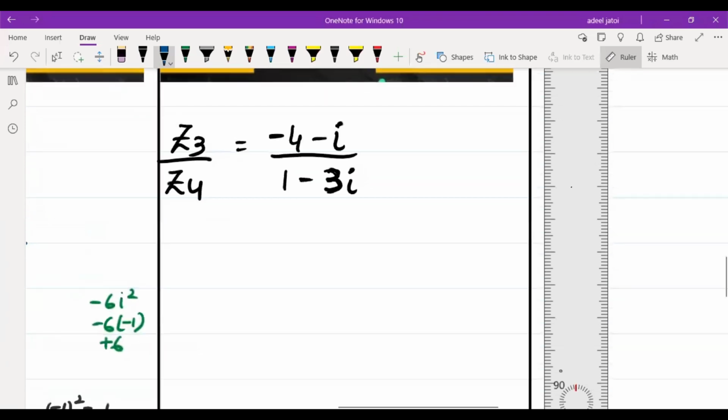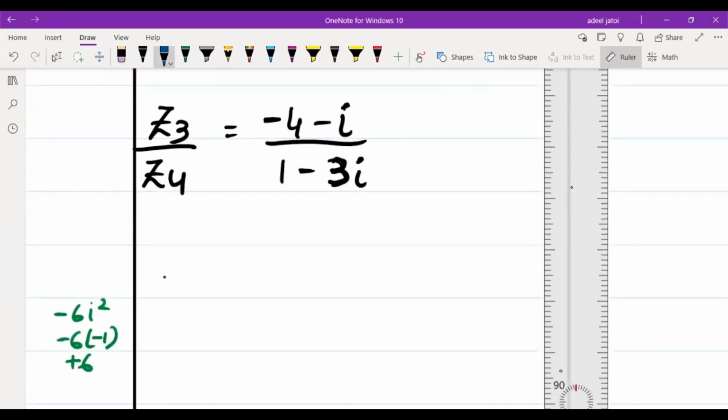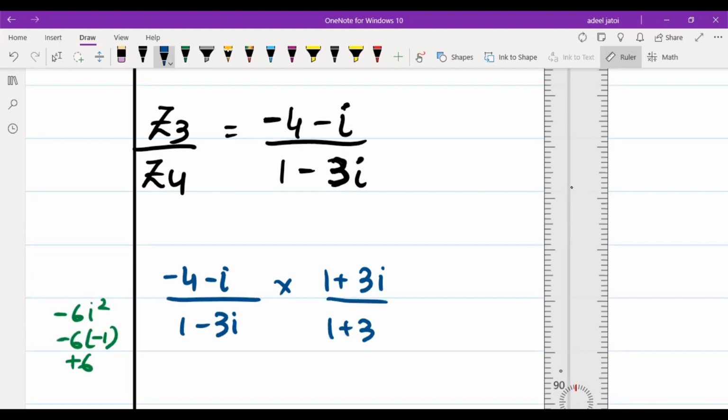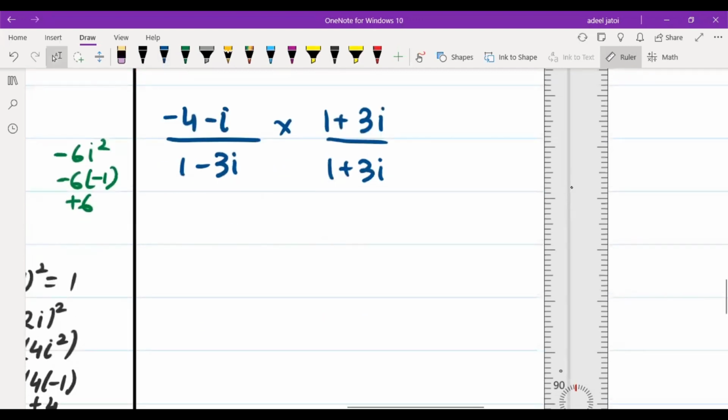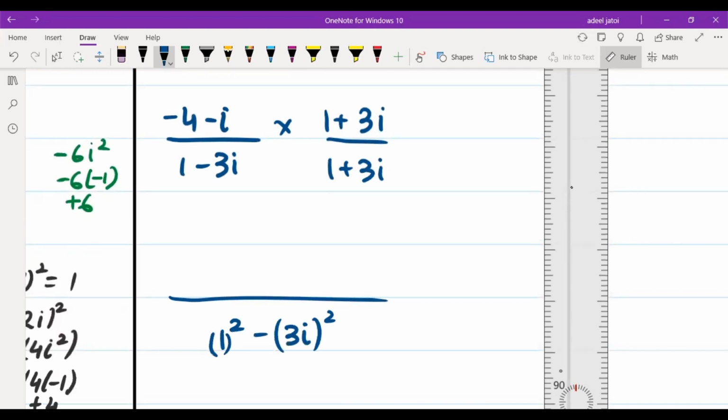Okay, here's another example. Let's just solve this. Minus 4 minus iota upon 1 minus 3 iota. We rationalize this. 1 plus 3 iota upon 1 plus 3 iota. Now in the denominator, what we can see is this is 1 square minus 3 iota square, right?